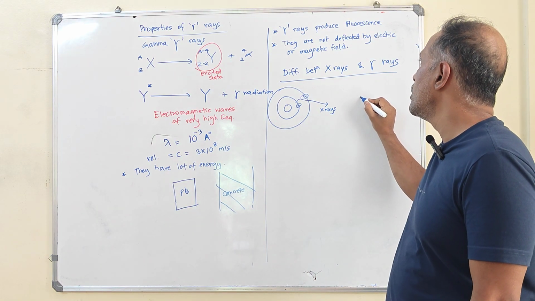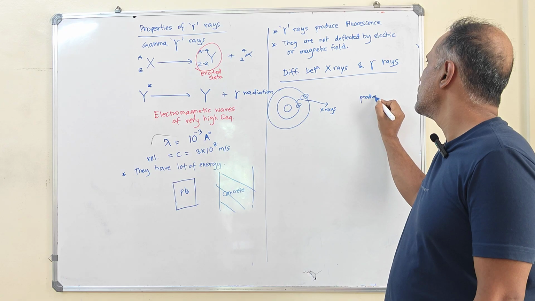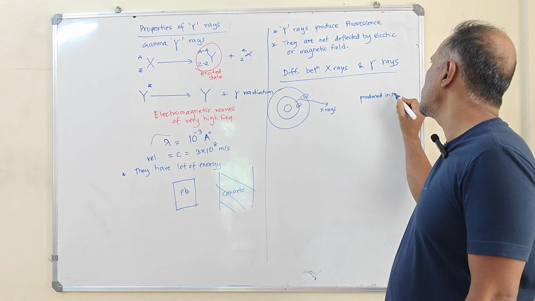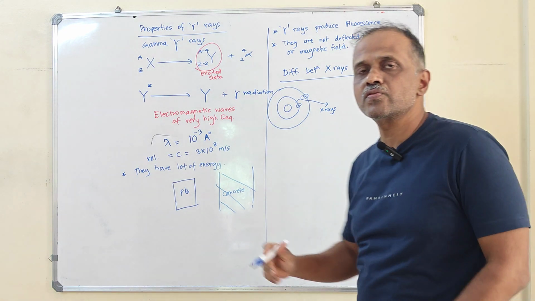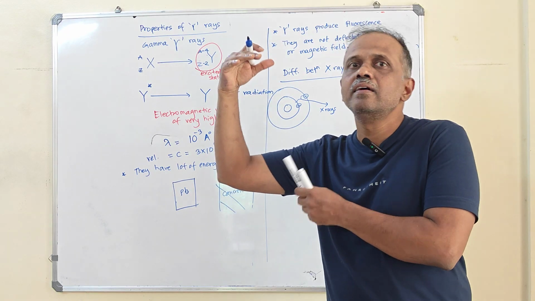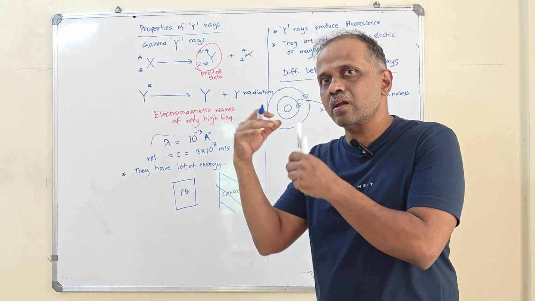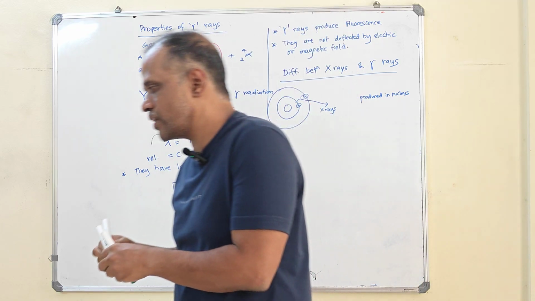Gamma rays are produced in the nucleus, when a nucleus goes from a higher excited state to a lower excited state, or to the ground state configuration.